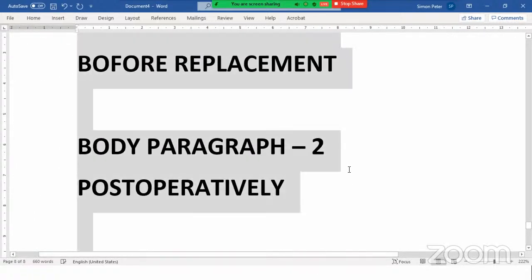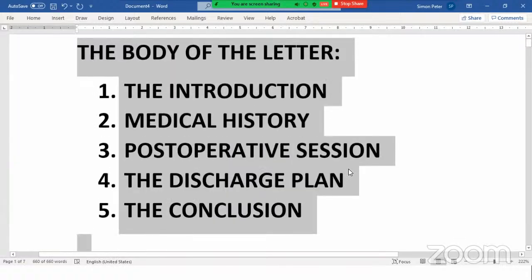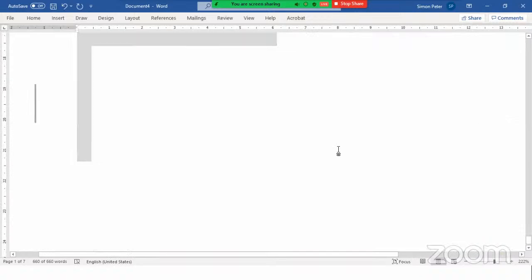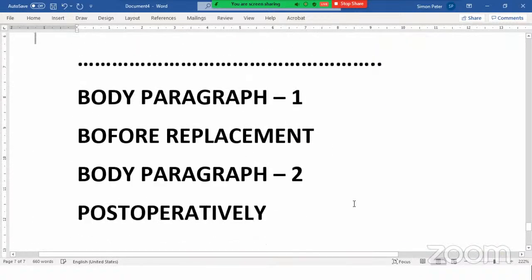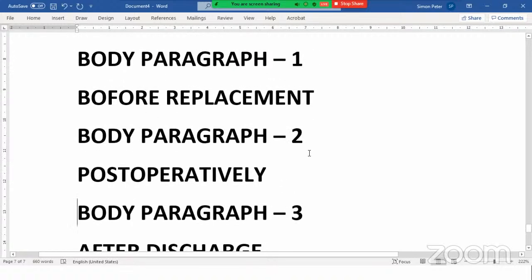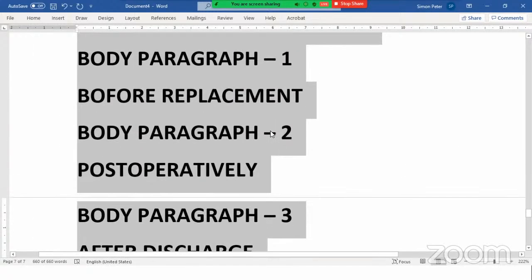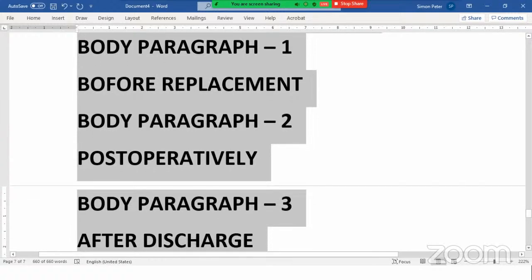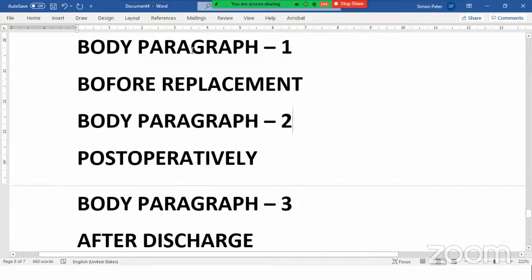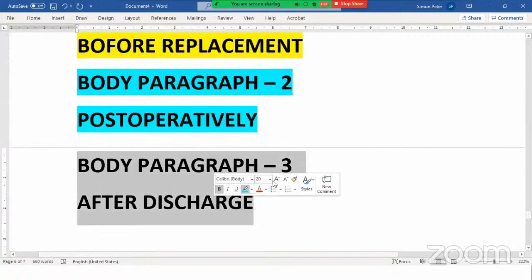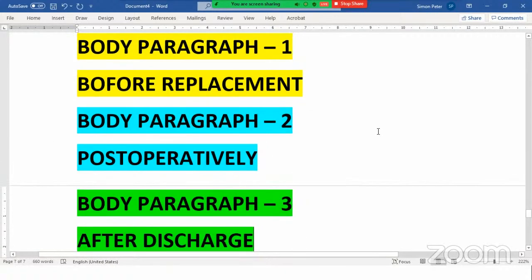So three different colors I gave you on purpose.